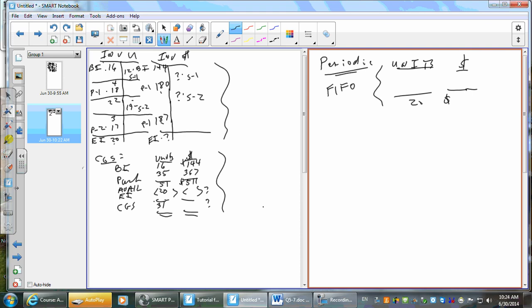So I've got my last ones left. Now this is what hangs people up. They want FIFO to be the ones left in inventory are the first ones. No, no, no. FIFO is talking about what you sold. First in, first out. I sold the first ones I bought, so I sold my beginning inventory. And then I sold my first purchase. Everybody good? What am I going to have left then? My last purchases.